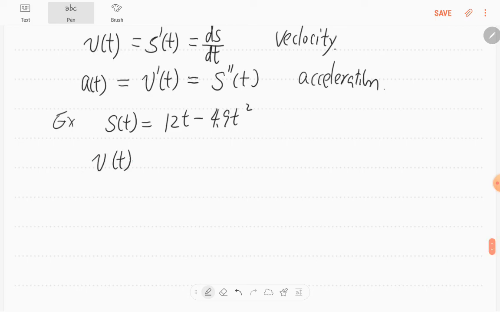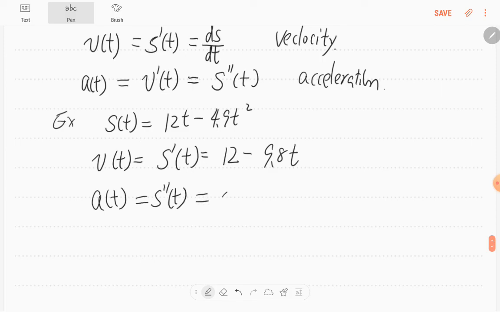The velocity is s prime, taking the derivative of each term, which is 12 minus 9.8t. At different times, you have different velocities. What is the acceleration? It is the second derivative of s, which is the derivative of the velocity, the derivative of 12 minus 9.8t, which is negative 9.8. So this is the acceleration, which is a constant acceleration.